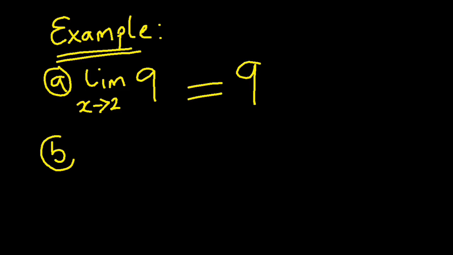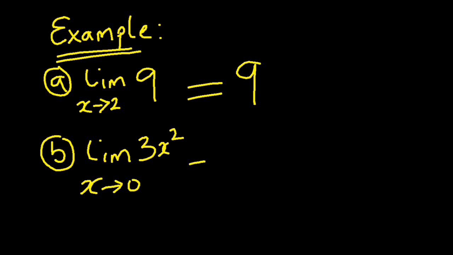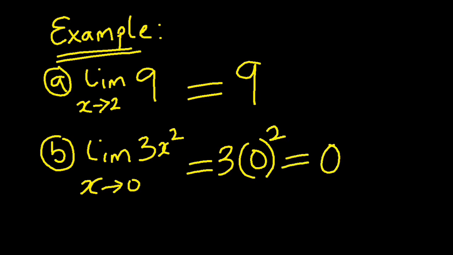Example B, we have the limit of 3x raised to power 2 when x tends to 0. So this is equal to 3 into 0, all raised to power 2. It is equal to 0.